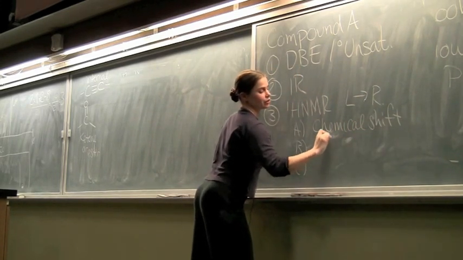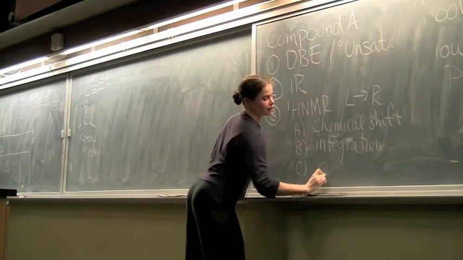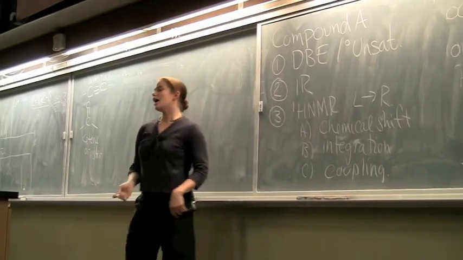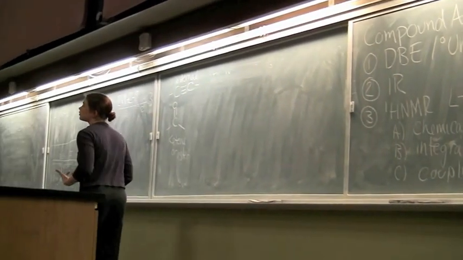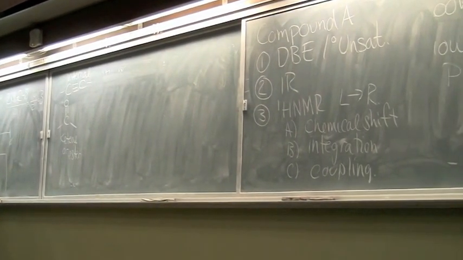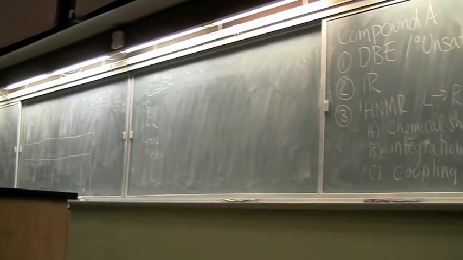Secondly, integration. And thirdly, coupling. Every single peak can have all 3 of those pieces of information. So we want to take a look at it and say, what do we have? What do we know? What's going on here for each and every individual peak?